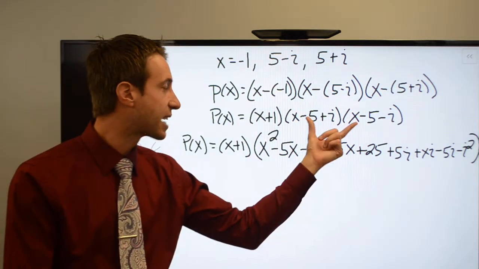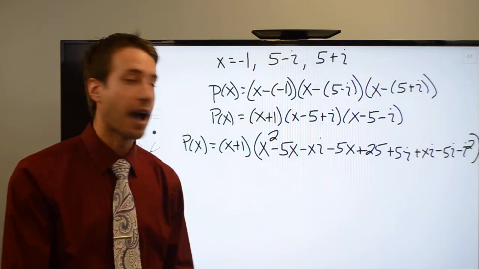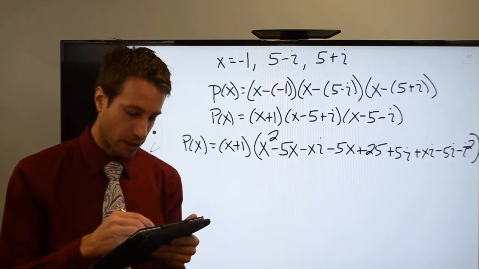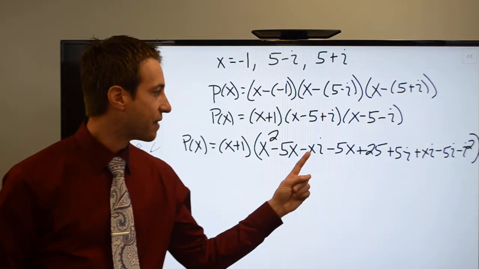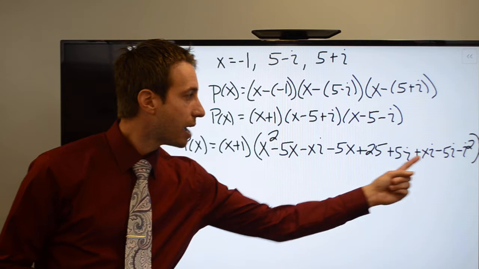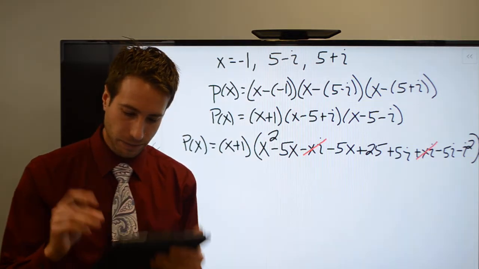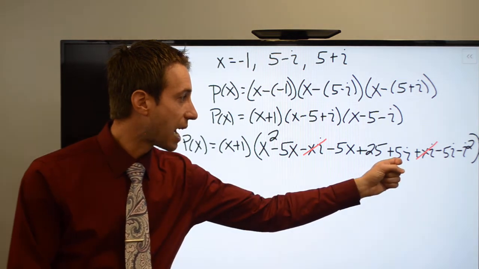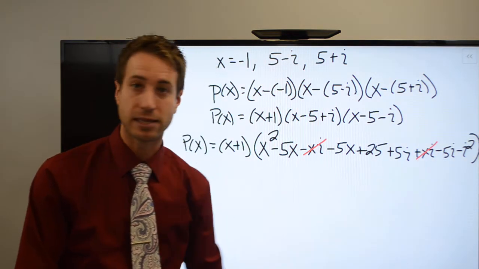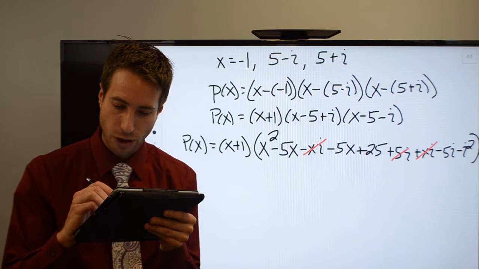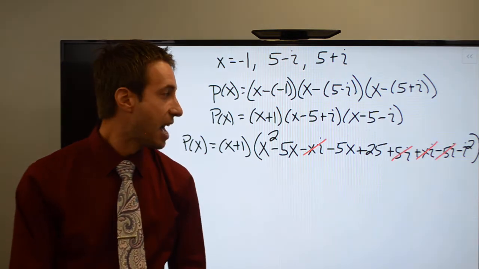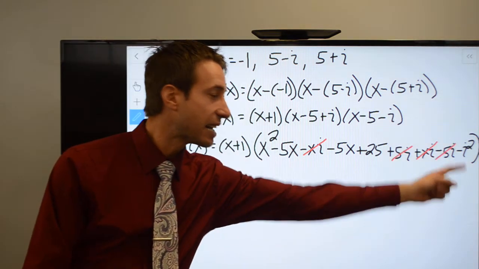All right, so there we go. I've got these all multiplied out, and here's what happens. I have a negative xi and a positive xi. Those drop out. I have a plus 5i and a minus 5i. Those drop out. And then the last thing, you have a negative i squared.